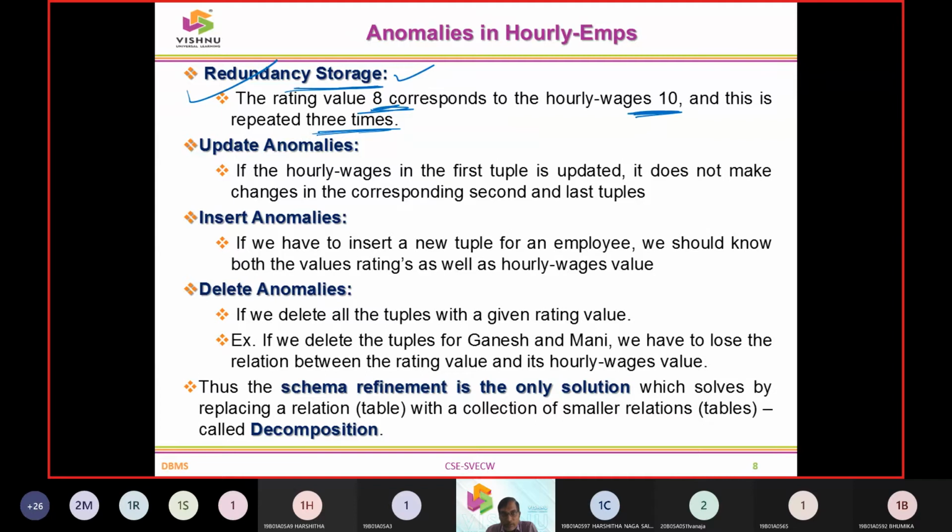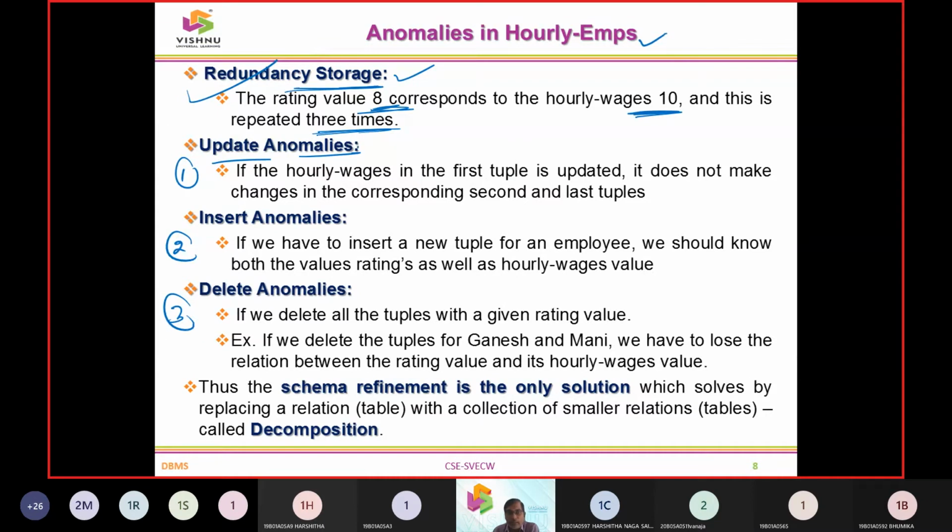So we have figured out the problem. To figure out this problem, we again need to understand how an insert, a delete, or an update works in the table called hourly employees. Now let us talk about update anomaly.